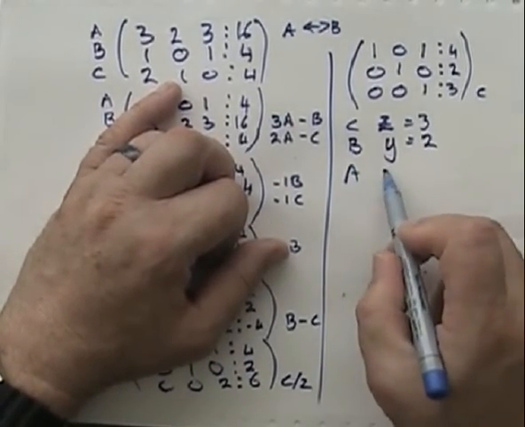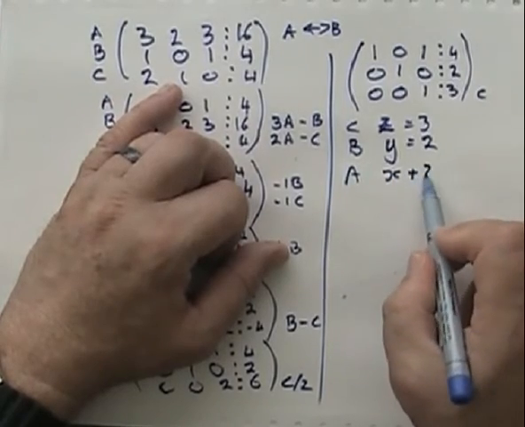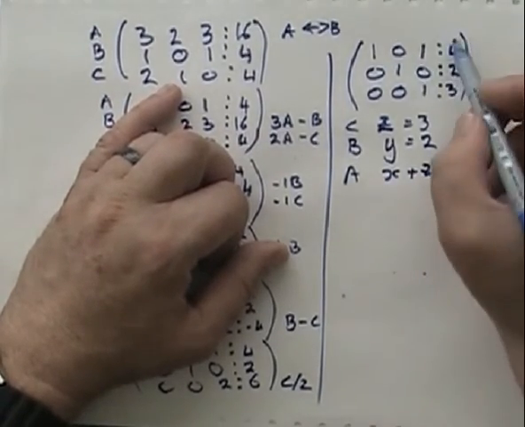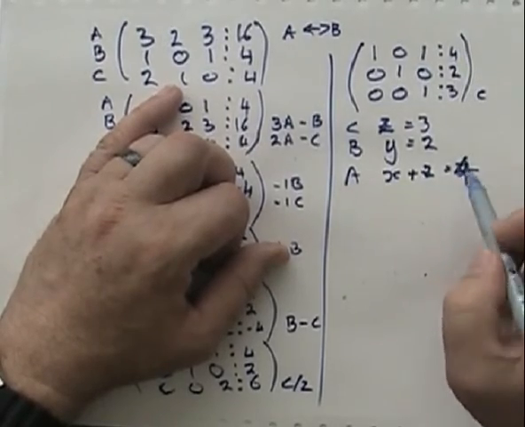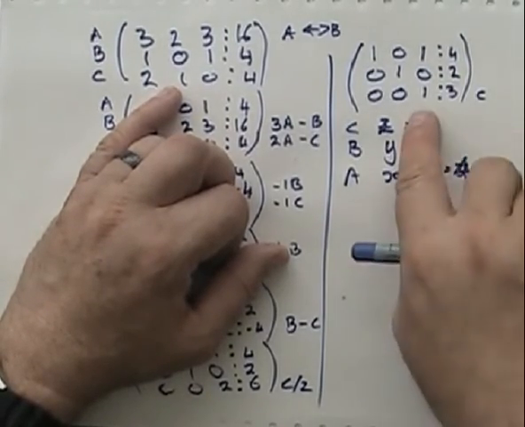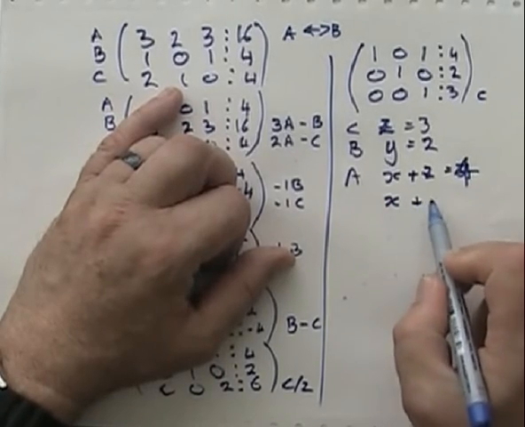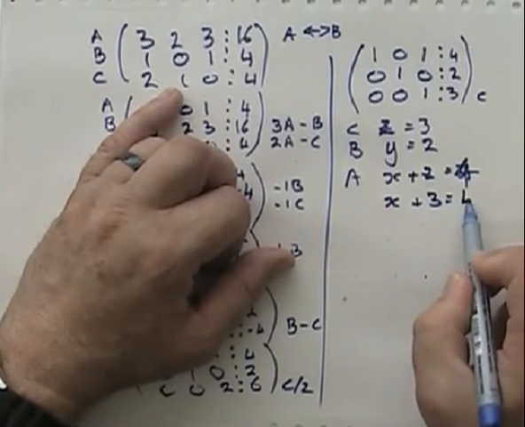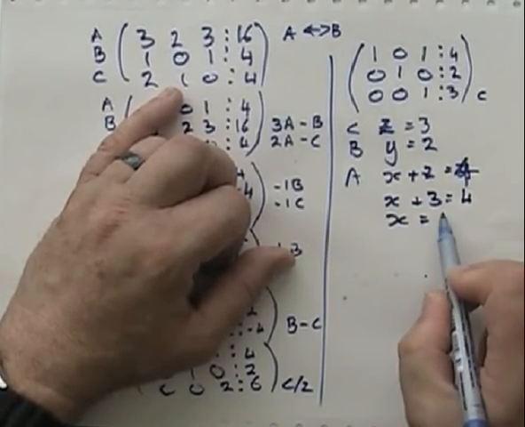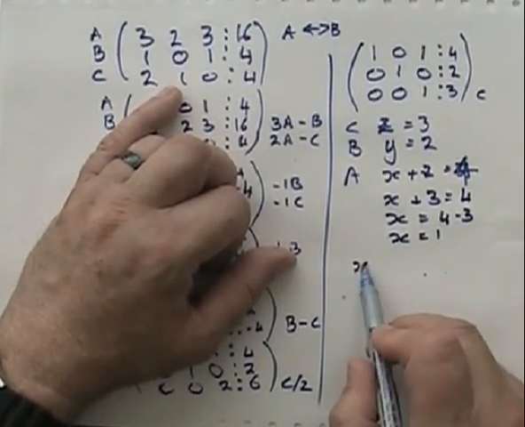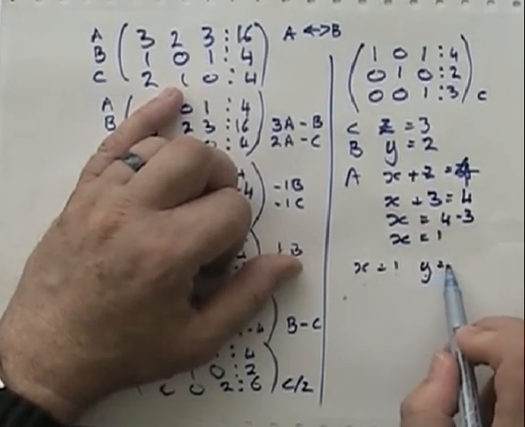Equation A says that X plus Z equals 4. I know what Z is now because I worked it out. We said that Z is equal to 3, so X plus 3 equals 4. X is equal to 4 minus 3, so X is equal to 1.